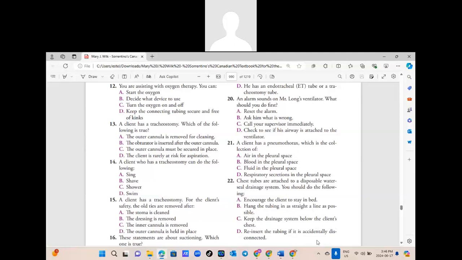Or D. Reinsert the tubing if it is accidentally disconnected. So the correct answer is letter C. Keep the drainage system below the client's chest. So it's the same thing with the bladder, right? The urinary drainage tube should be below the bladder.